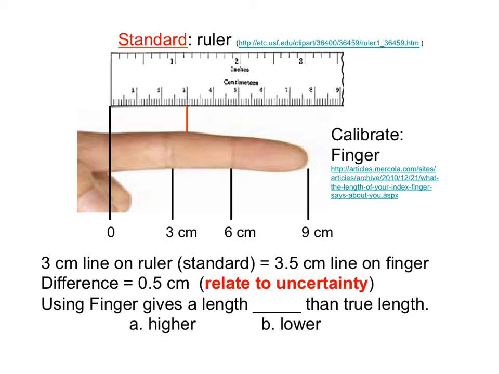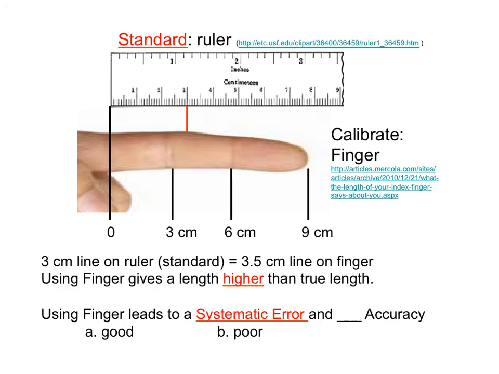If you assume that each crease on your finger is 3 centimeters, and 3 centimeters on the ruler is slightly different, how would you answer this question? And the answer is, using your finger to measure length leads to a systematic error and poor accuracy.